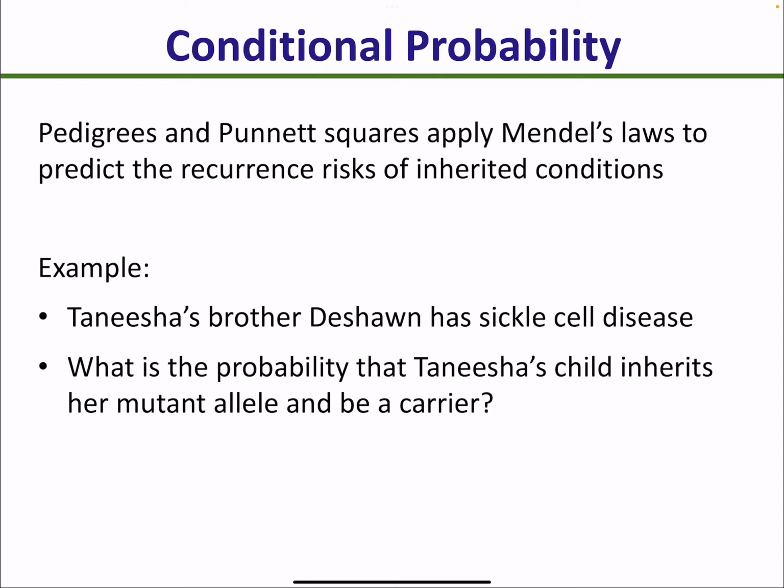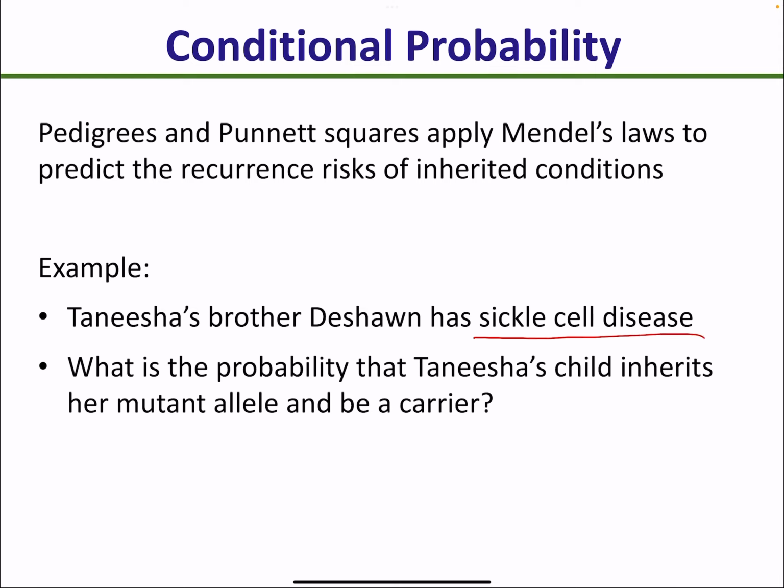Now, let's talk about conditional probability. Conditional probability is going to apply to basically predict the recurrence risk of an inherited condition. An example is going to be sickle cell disease.